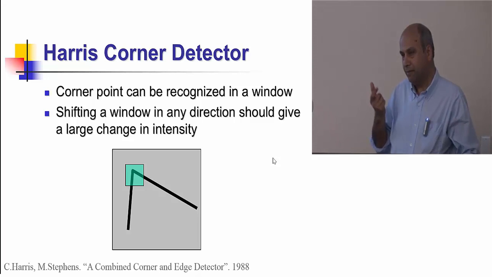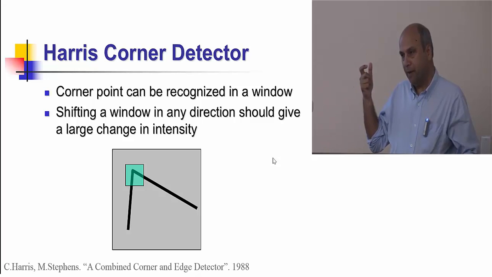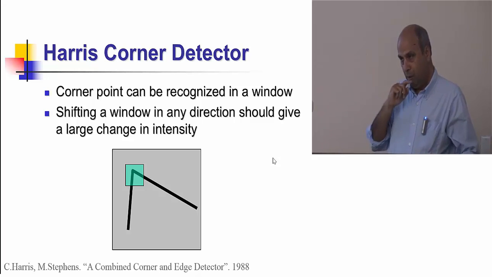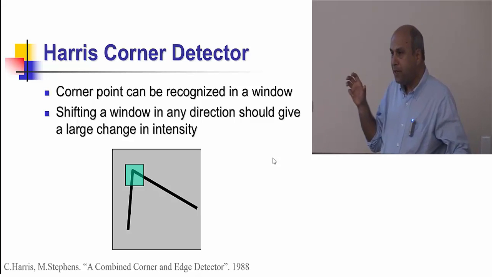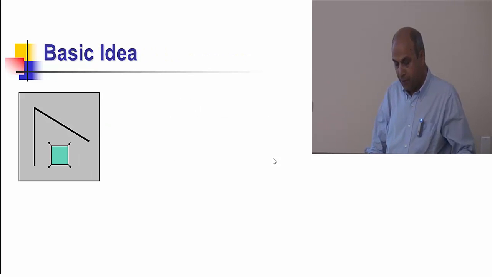So that is kind of the motivation for this. If the shift gives you a change, it's because it's kind of unique. It has something distinct, and that's what we are looking for. Say, if you want to ask your friend to meet with you, then an intersection will be very unique, you can identify it. If you move a little bit, you will lose it. So same thing. But if change doesn't happen, then you get confused, and that's what we want to avoid.